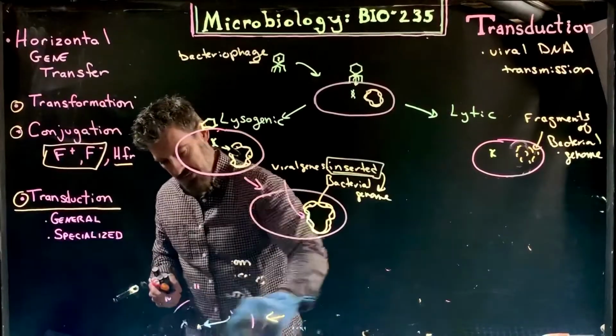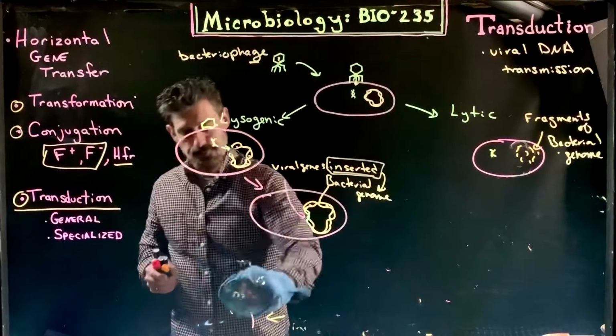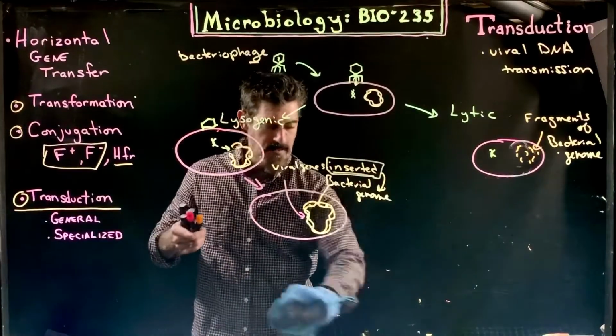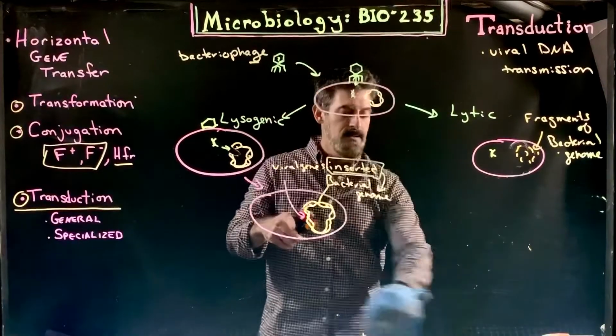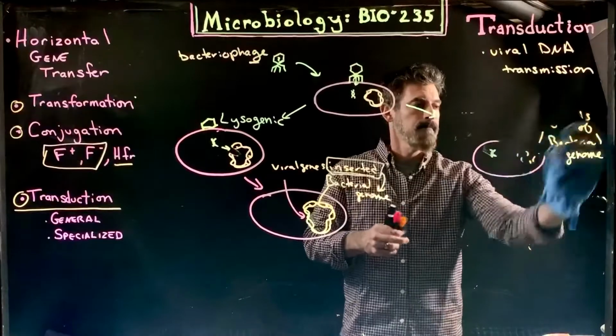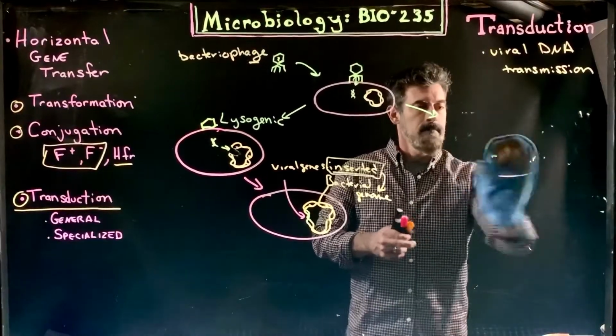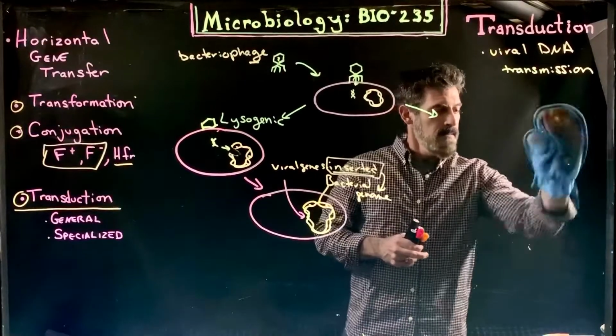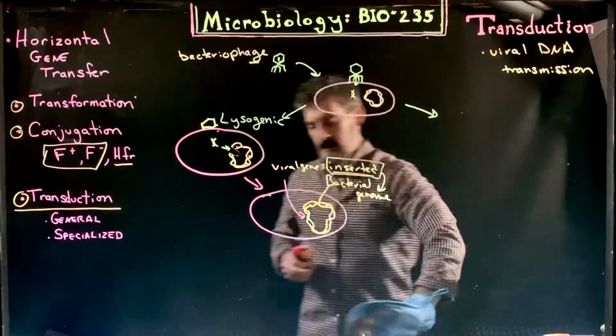Go over here. So now in this lysogenic life cycle, the virus infects the cell, it injects its DNA into the cell, but the DNA is integrated into the bacterial genome. So say goodbye to lytic and generalized transduction.